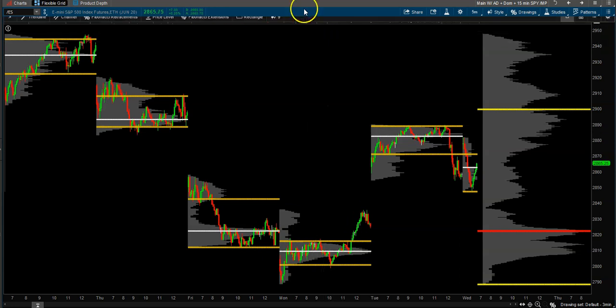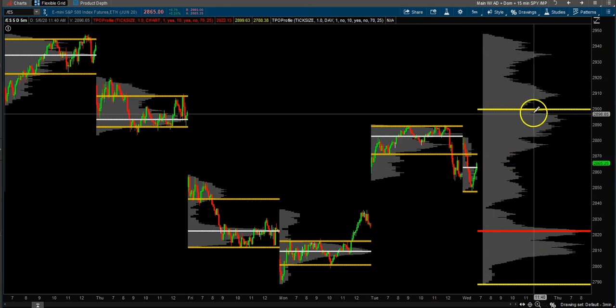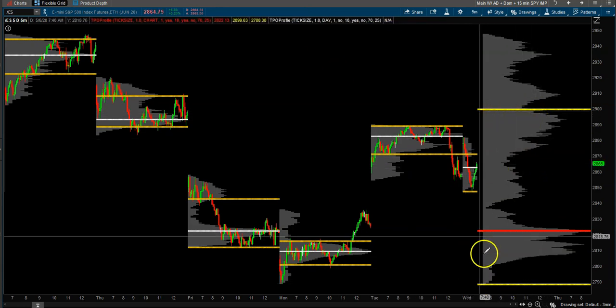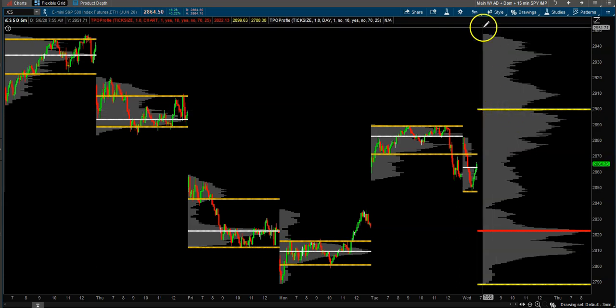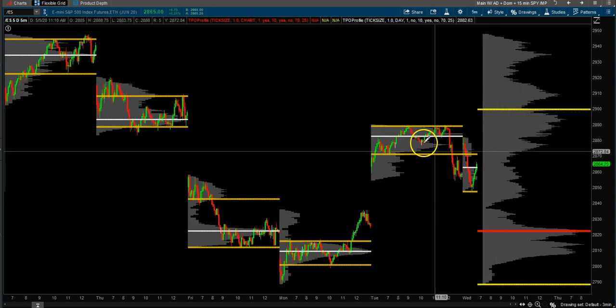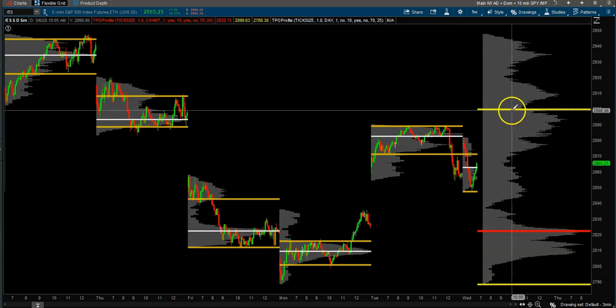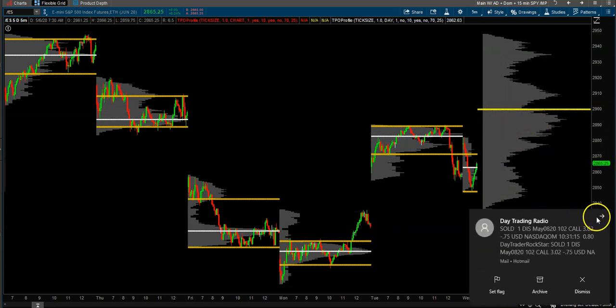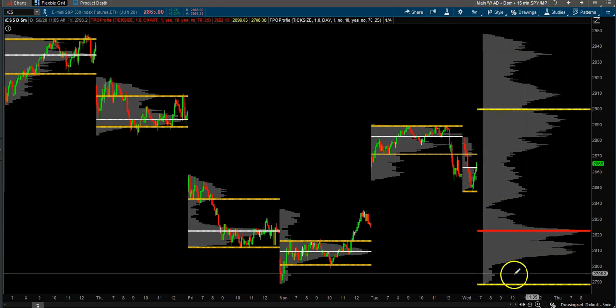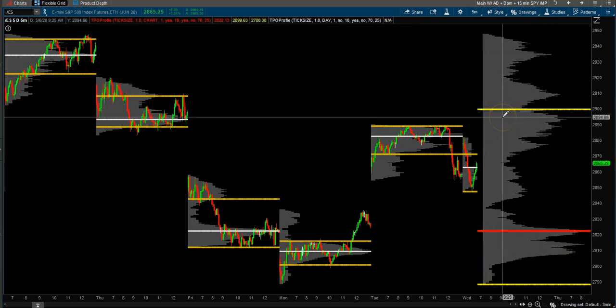So in the simplest form, the easiest way to look at them is it's where 70% of all the volume that is traded on either a time or a chart, whatever time frame you're looking at, 70% of all the volume is traded within this area.